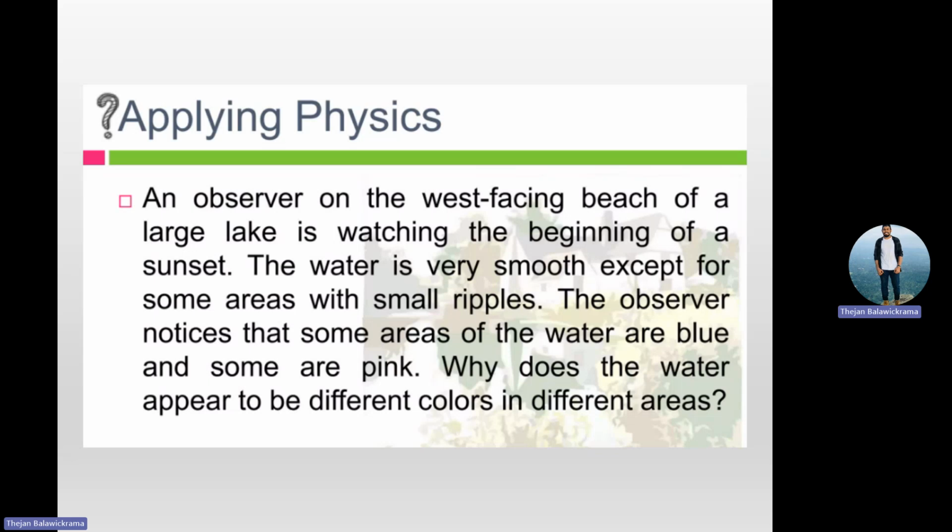Different colors. This is a thinking question. You can get the answer in the next slide.